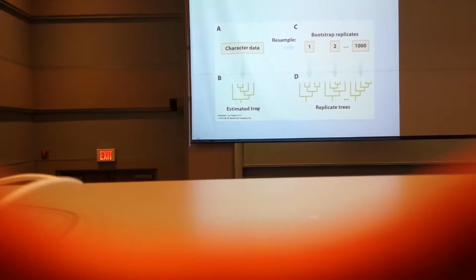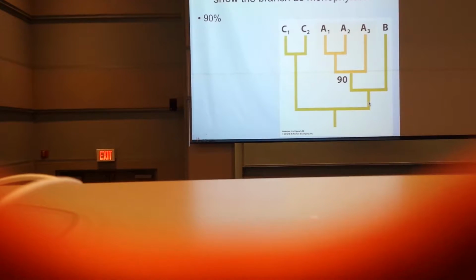So when you do this, you can take your character data, you build a tree, you sample it, you build lots and lots of trees, lots and lots of best trees based on those data, and then essentially we can report the confidence interval, or how confident we are in particular clades.